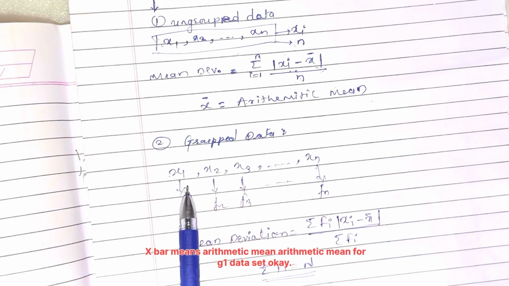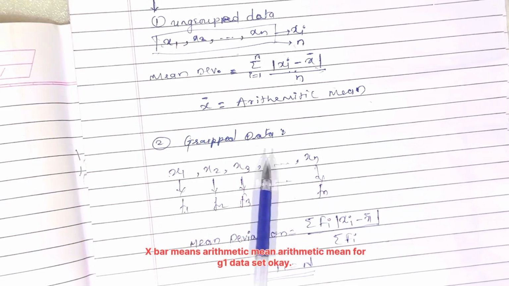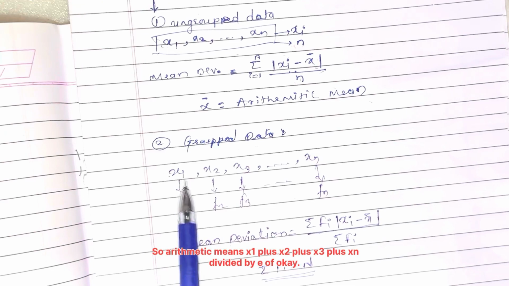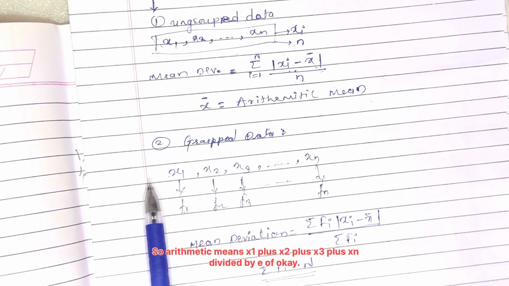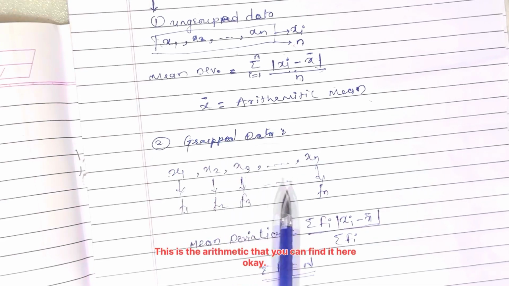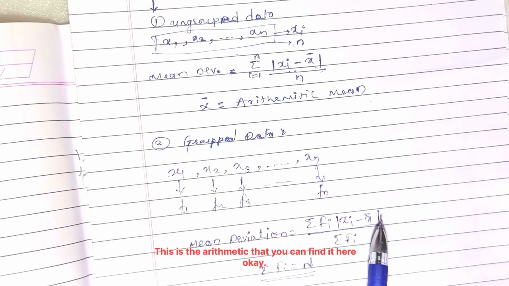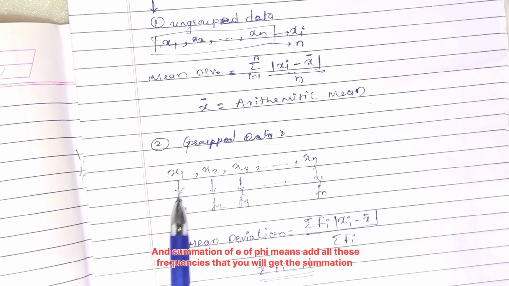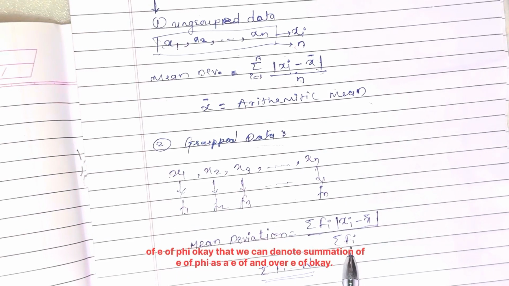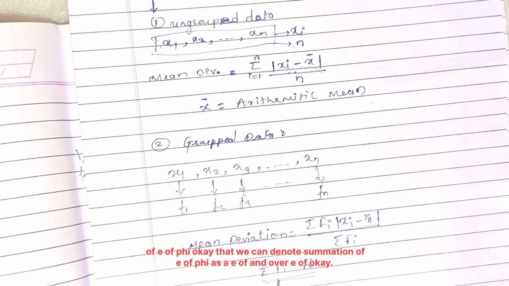X bar means the arithmetic mean of the given data set, that is x1 plus x2 plus x3 plus xn divided by n. And the summation of fi means adding all these frequencies, which we denote as N here.